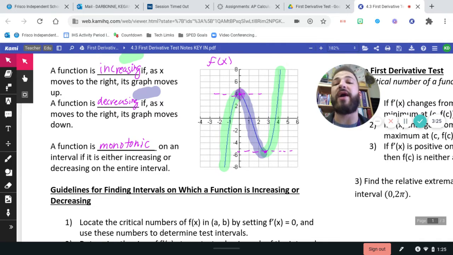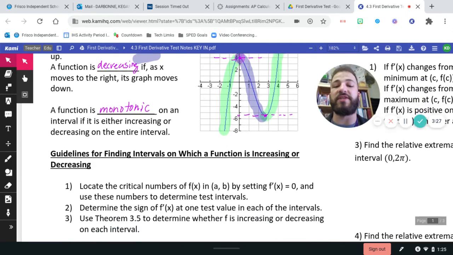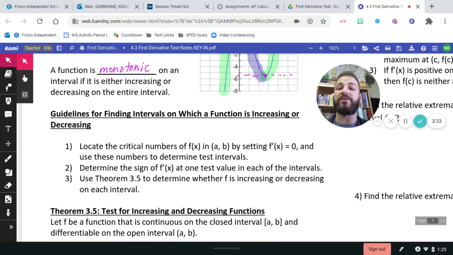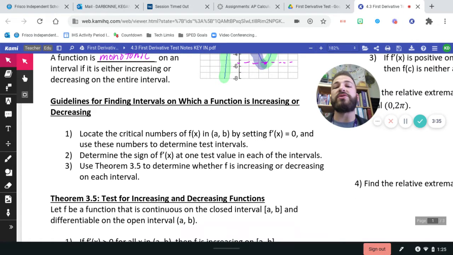Say I didn't have that graph, those would be my test intervals for this function. Then we're going to determine the sign of f prime at one test value in each of the intervals, and use what we know about increasing and decreasing to determine, once we know the sign, whether it's increasing or decreasing.